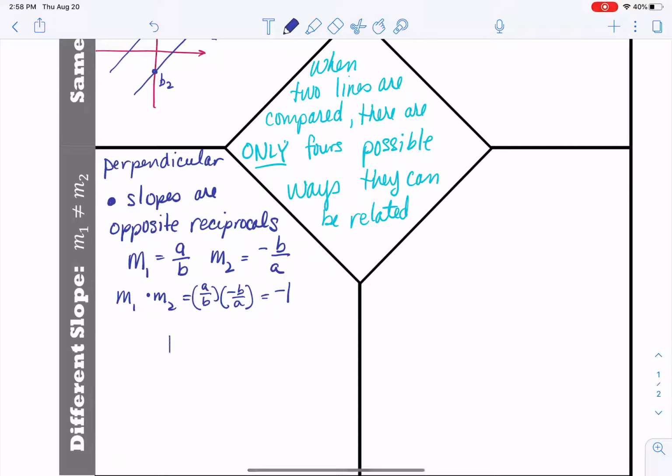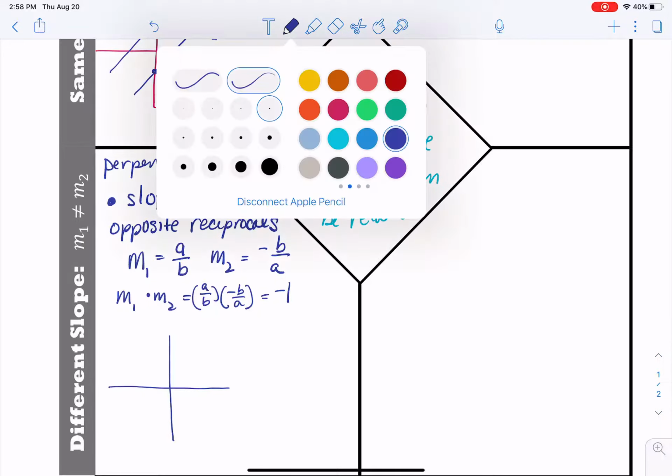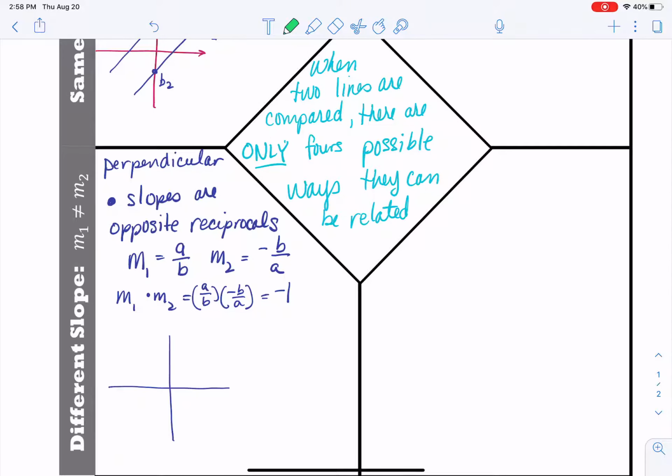On a graph, those two lines would look like this. Line 1 and line 2, where they have formed a right angle.